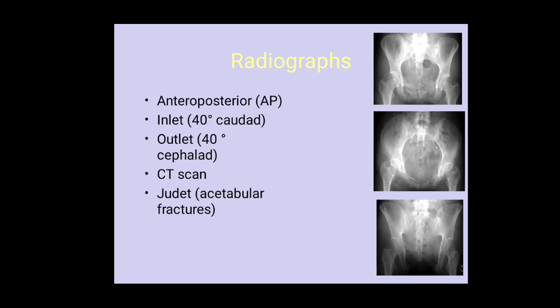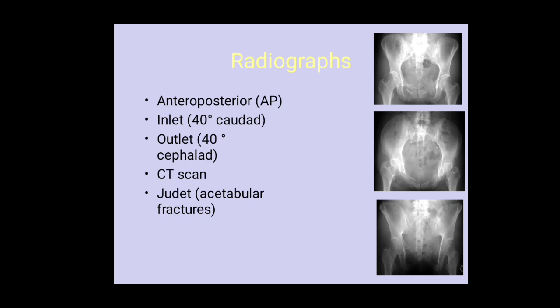But much more information we can get from additional views, and these are the 40 degrees caudal view, the so-called inlet view, the 40 degrees cephalad view, the so-called outlet view, and additional oblique views like the acetabulum Judet view, that can give you much more information about the displacement of these fractures, as the pelvis is not planar, it's a three-dimensional structure.